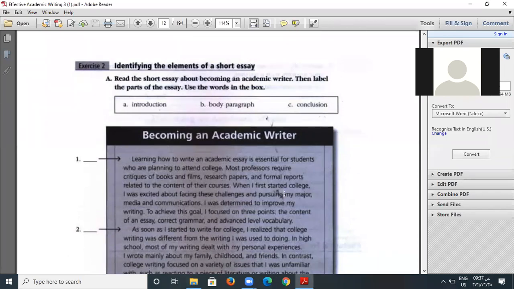Learning how to write an academic essay is essential for students who are planning to attend college. Most professors require critiques of books and films, research papers, and formal reports related to the content of their courses.